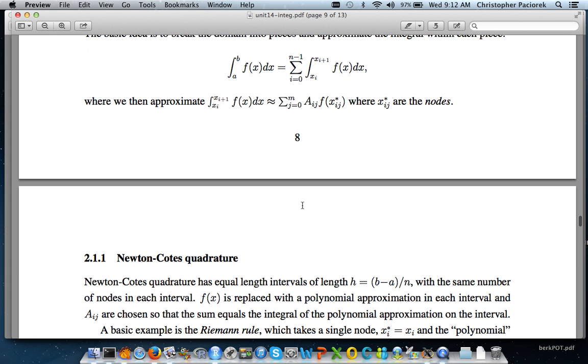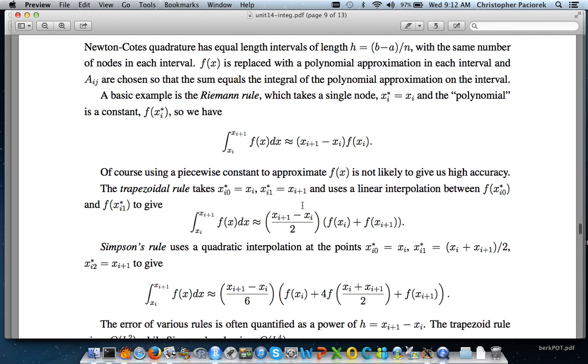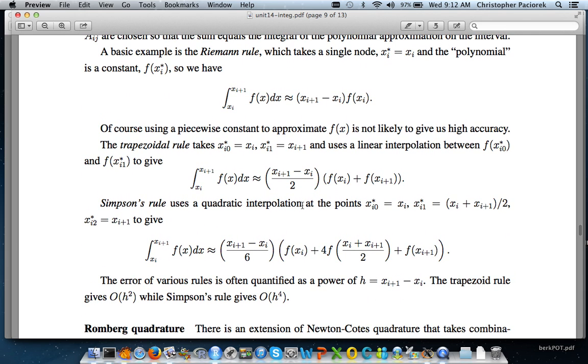So if you just monkey around a little bit algebraically, you can see that the Riemann approach or the trapezoidal rule or Simpson's rule can all be written in this form where we're doing the approximation in the interval in a different form depending on which of these methods we're considering.